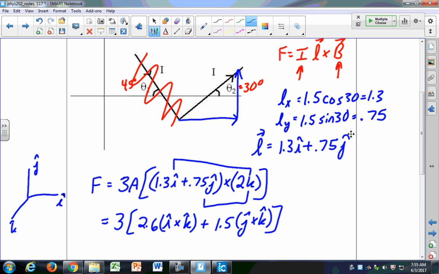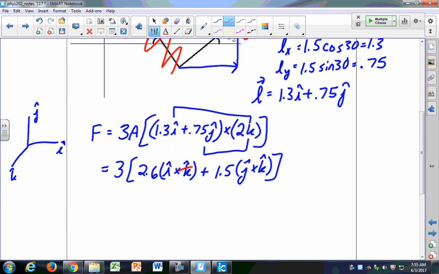So I have negative J, positive I. Distribute that 3, that's 6, 7.8J negative, plus 4.5I. And then that's your answer.